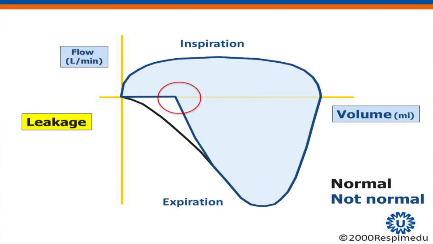What you see here is that expiratory flow returns early to the baseline, early to the volume baseline. There could be some leakage. Why? Volume returns too early to the baseline.